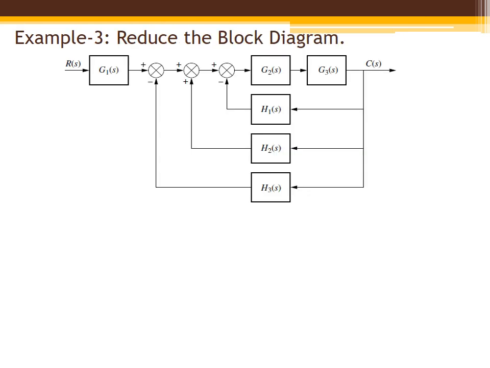Now we'll take one more example. In this we can see there are three summing points connected back to back. There is no takeoff point or any block in between. So we can convert this into one summing point.